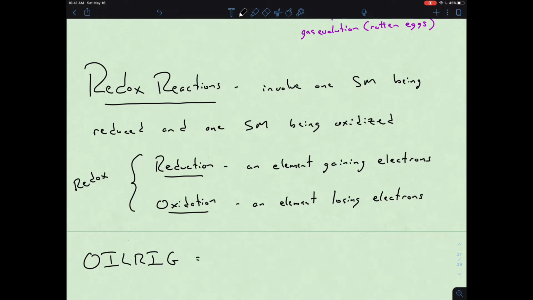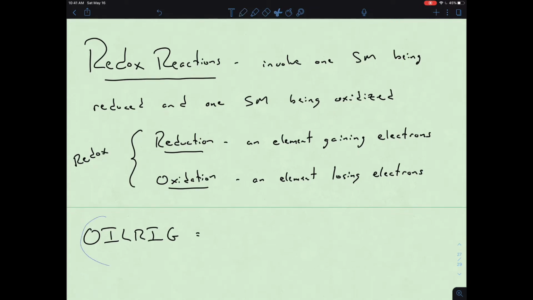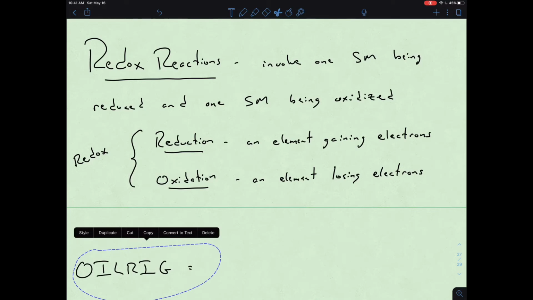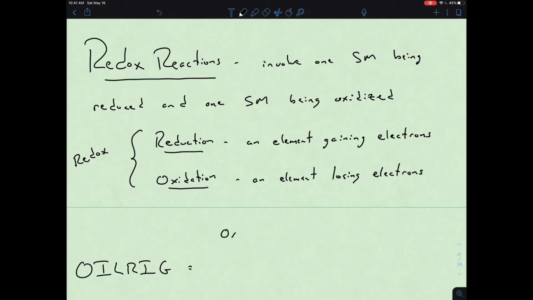OIL RIG, in terms of a way to kind of remember that, where you have oxidation involves loss, reduction involves gain.